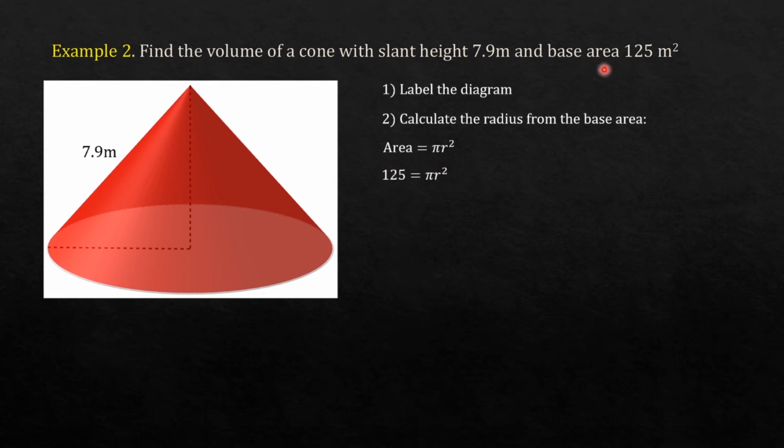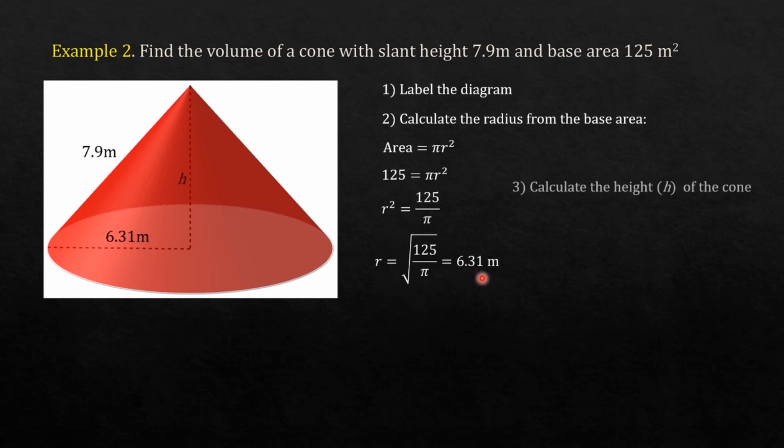The area is given in the question as 125 square meters, and that's equal to the area formula. Divide both sides by pi, and then take the square root to find the radius. We will get 6.31 meters for the radius. And that's marked in your diagram here.